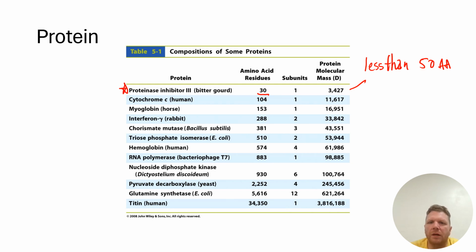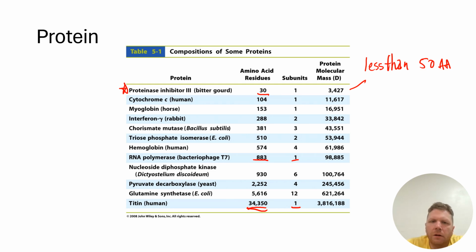But then, as you can see, we have some proteins that are as large as 883 amino acids. That's one subunit. And then we have one protein known as titin. It is a monomer. It is 34,350 amino acids.